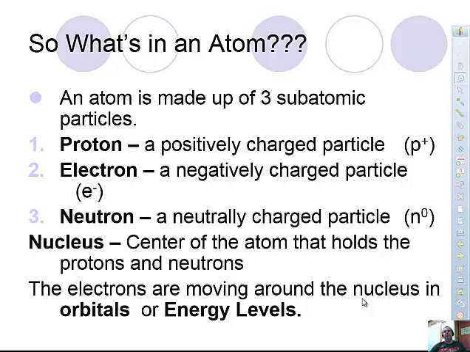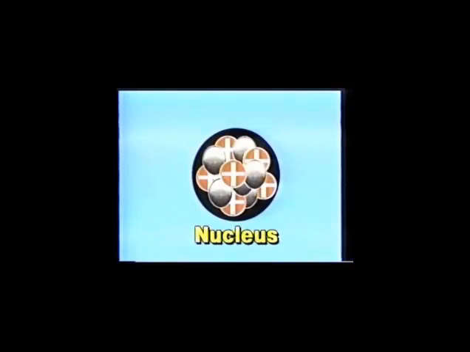And what keeps the atom together? It's held together because the electrons are negatively charged and the protons are positively charged. Opposites attract, but the atom doesn't implode because those electrons are moving around the outside. Each atom has a center called a nucleus. Compared to the entire atom, the nucleus is very small.